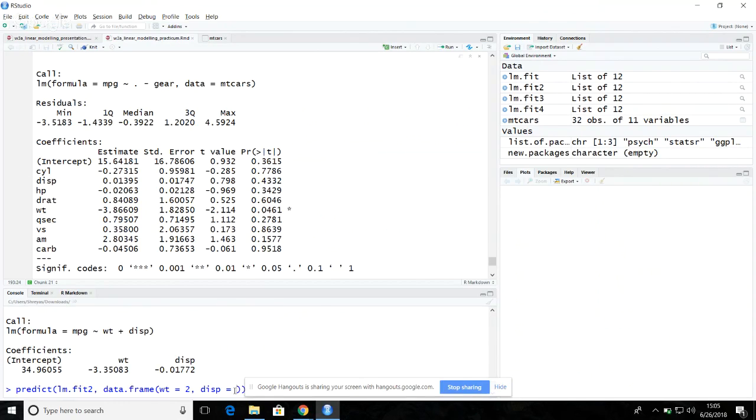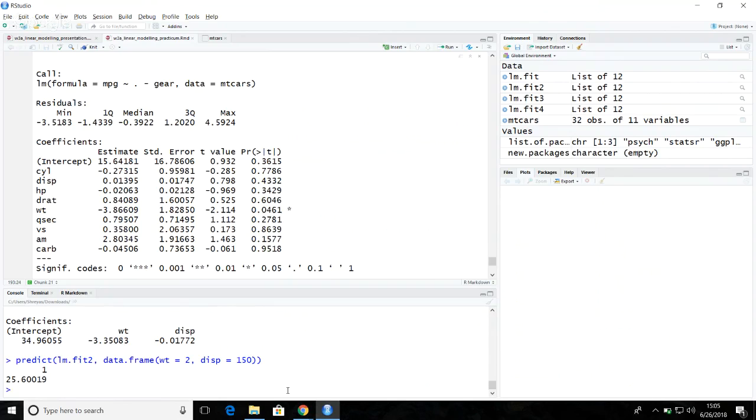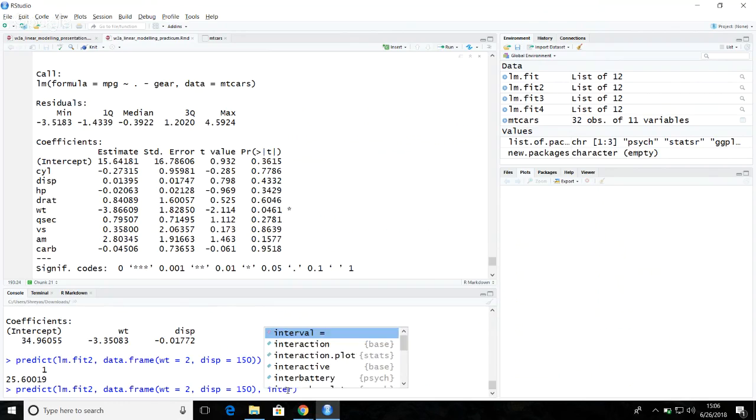It's a reasonable value. To get out a value. So again, it's really similar to simple linear regression, just taking it a bit further. And again, you can specify confidence intervals and prediction intervals just by specifying interval equals confidence.